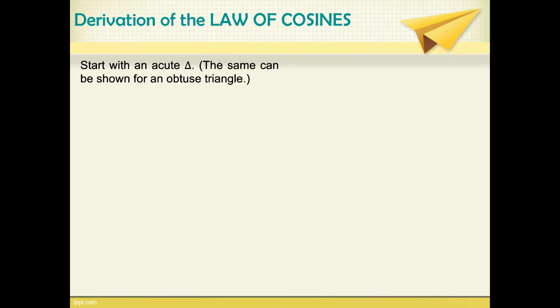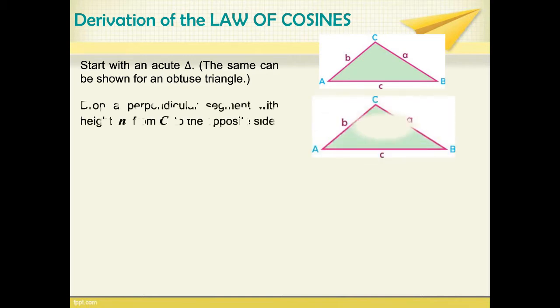So, we start with an acute triangle. Now, the same can be shown for an obtuse triangle. So, this is our acute triangle. Now, drop a perpendicular segment with height h from C to the opposite side.